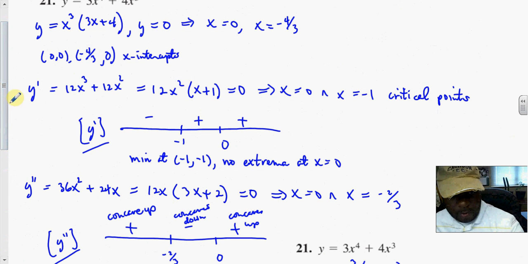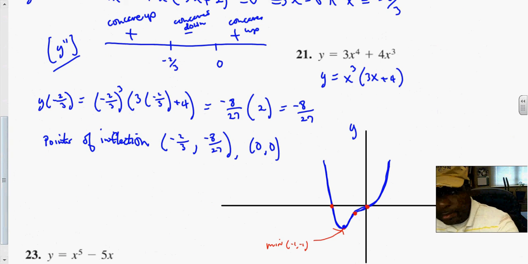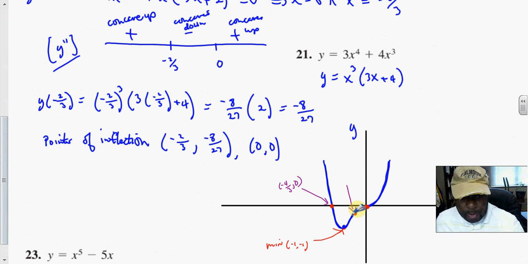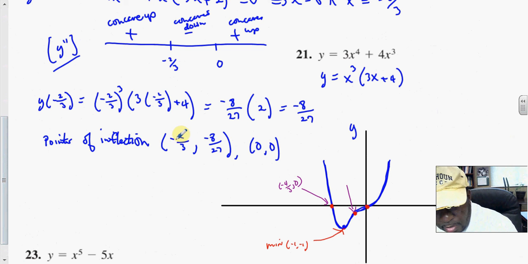That's the -4/3. -4/3, 0. This point there is that point of inflection, the -2/3, comma, -8/27.